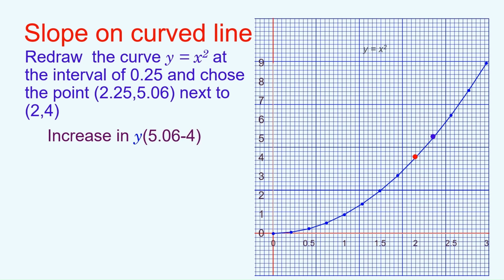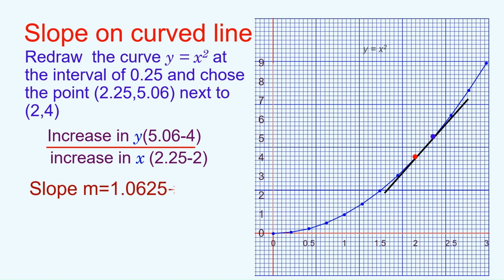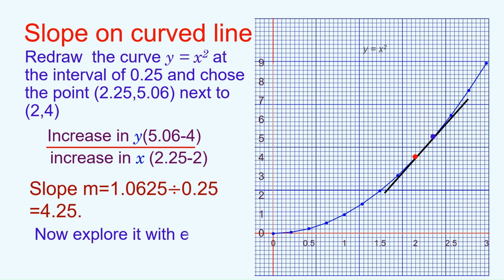Increase in y, 5.06 minus 4, that is 1.0625, divided by increase in x, 2.25 minus 2, that is 0.25. Slope m equals 1.0625 divided by 0.25 equals 4.25. We explore it further by selecting an even closer point.